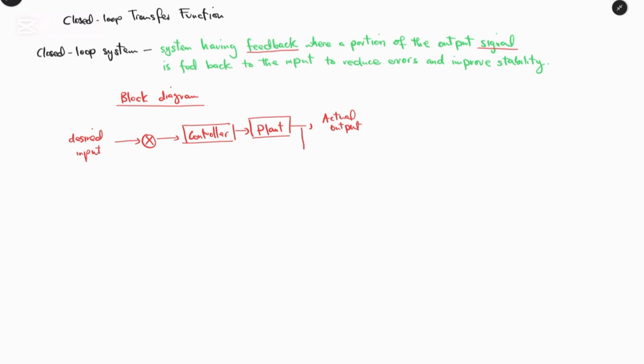And this actual output will be fed back using a feedback path to the comparator. So this path is now the feedback loop.